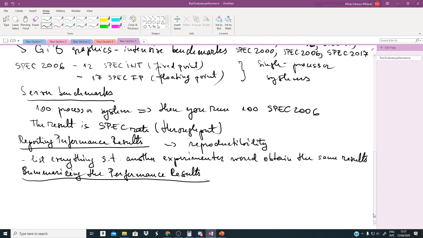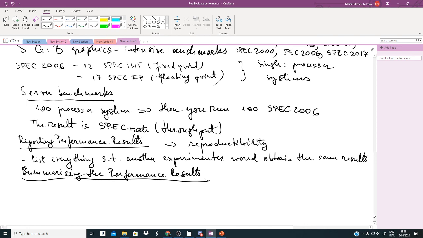You want to put the performance of a computer in one number, because what you get at the end of the experiment is an array of numbers, the time required to run program one, two, three. For SPEC 2006 we are talking about 29 programs, so it's an array of 29 values. How can you collapse these 29 numbers into one of them?